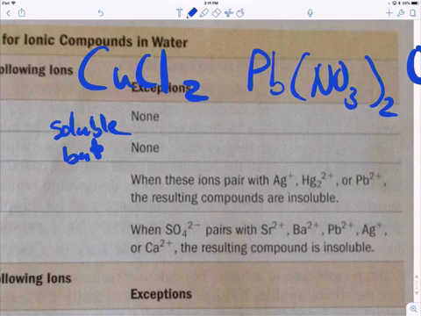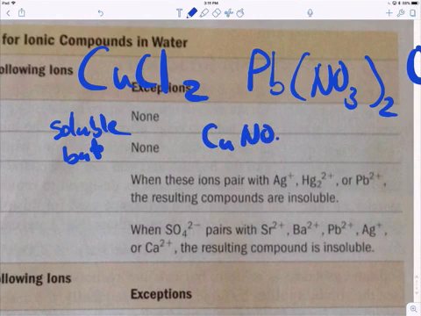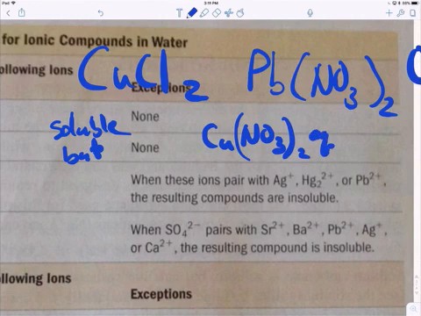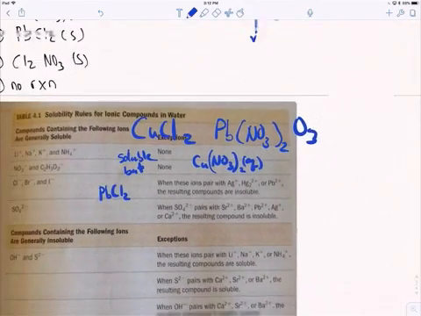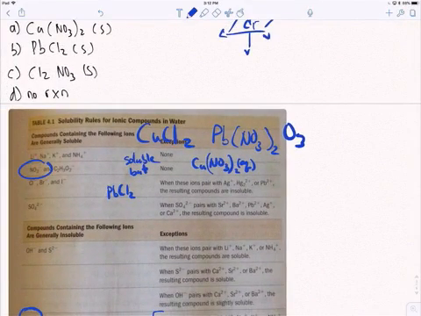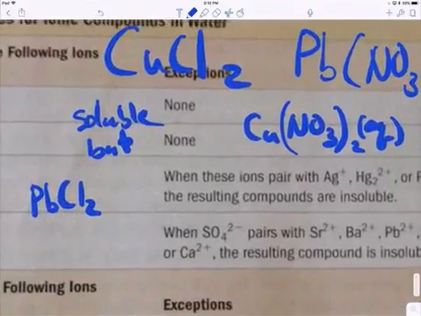Okay. What are you going to form? So first of all, you're going to form copper nitrate, and this is going to be aqueous. And the other thing you can form is lead chloride. All nitrates are soluble. Are you guys having a hard time seeing the chart? Is that part of the problem? No, okay. All nitrates are soluble, so you know that copper nitrate is soluble.